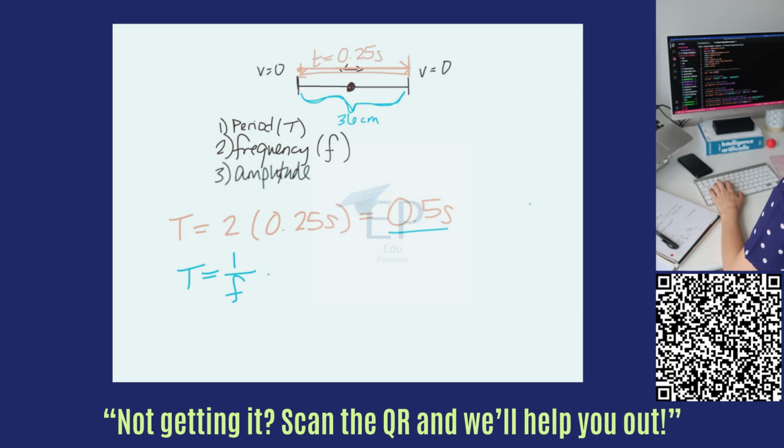We can rearrange this equation to solve for frequency, in which case it would be frequency equals 1 cycle divided by the period. If we substitute in our values, we have frequency equals 1 divided by 0.5 seconds, which gives us an answer of 2 hertz, which is the unit of frequency. Hertz is cycles per second.